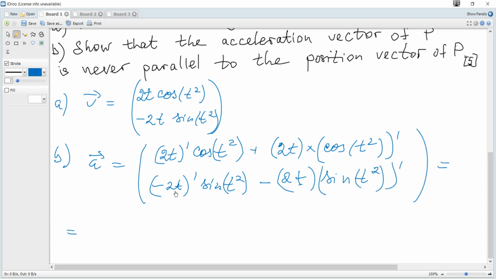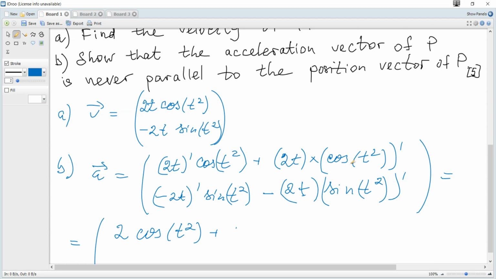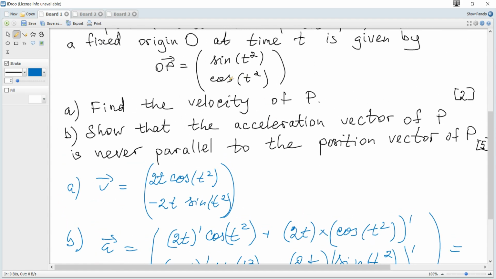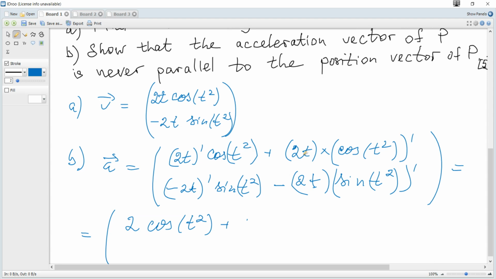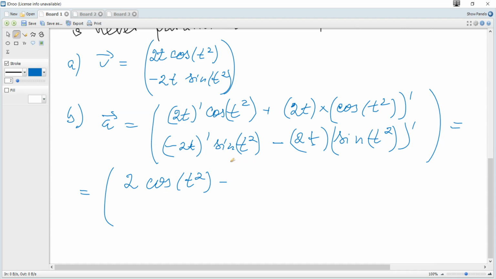The 2t derivative is just 2, so 2 cosine of t squared plus 2t multiplied by the cosine of t squared derivative, and the cosine of t squared derivative is this. So it's just additionally multiplied by 2t, so it becomes finally 2t multiplied by this, so it's minus 4t squared sine of t squared.